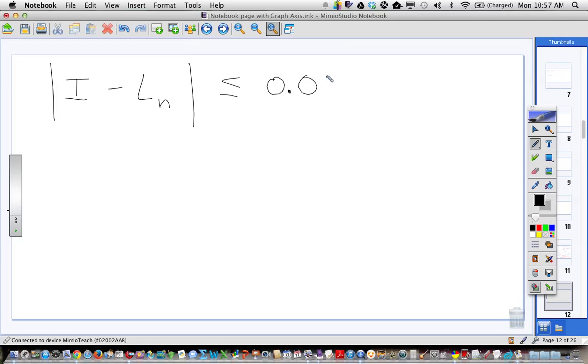Well, 4 decimal place accuracy would be this. Remember when we did Newton's method and we said however many zeros you have in here is how many decimal place accuracy you have? Because think about it. This is our max error. What I'm doing is telling you what my max error needs to be. If I have 4 zeros here, when I add or subtract, those decimal places won't change, right?